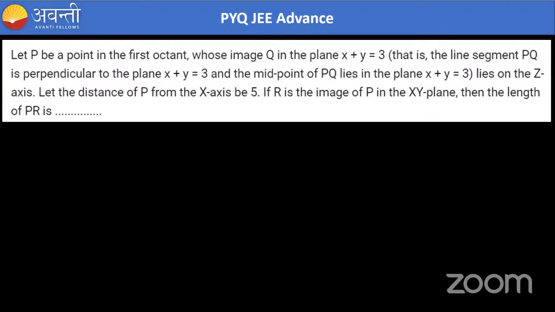Let the distance of P from the x axis be 5. If R is the image of P in the xy plane, then find the length of PR.